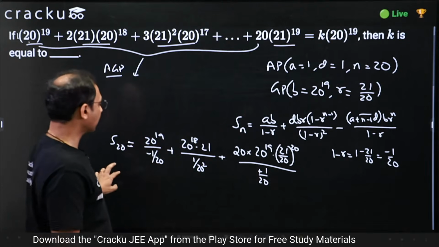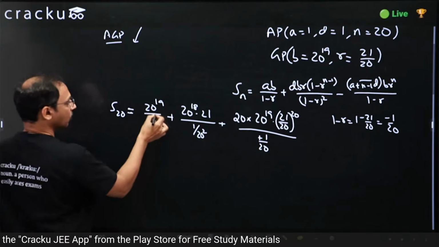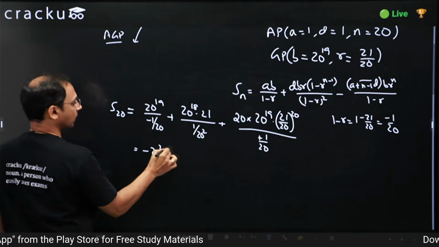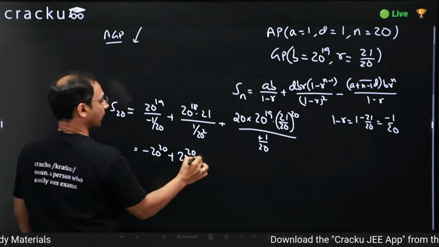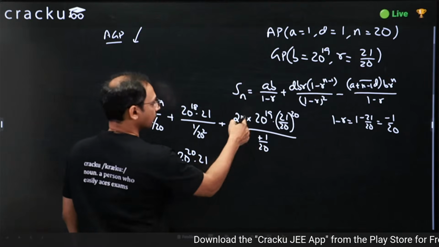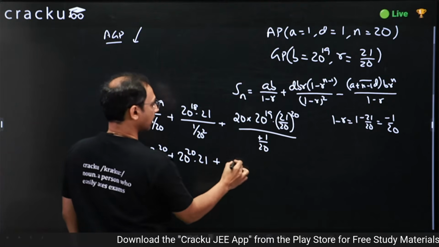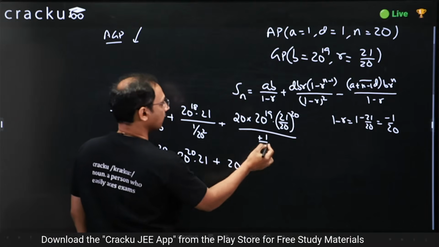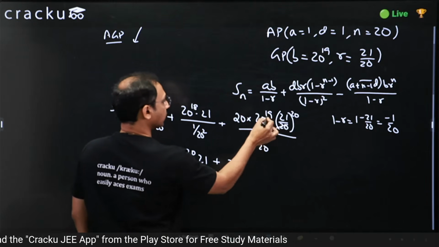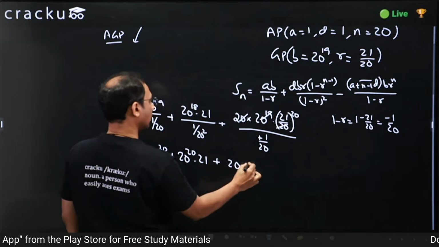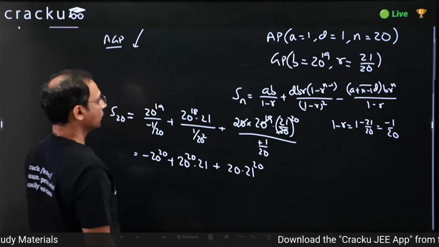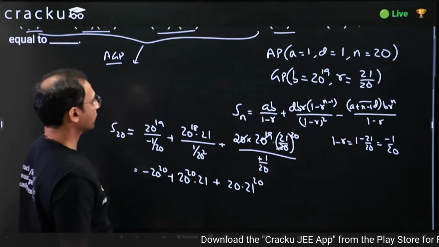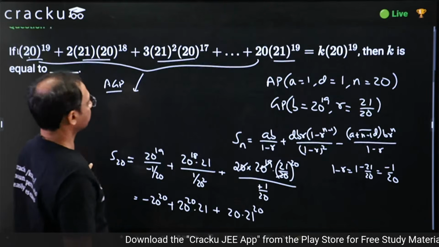We'll go through the calculations carefully. So here I get minus 20 power 20 plus 20 power 20 into 21. This will go above and I'll get 20. This 20 power 20 will get cancelled off and I'll get 20 into 21 power 20. So this is going to be your summation.